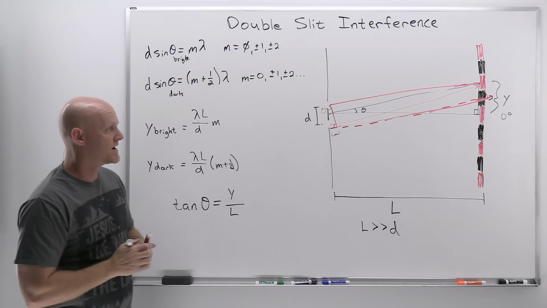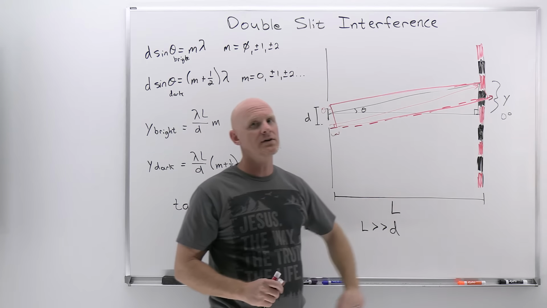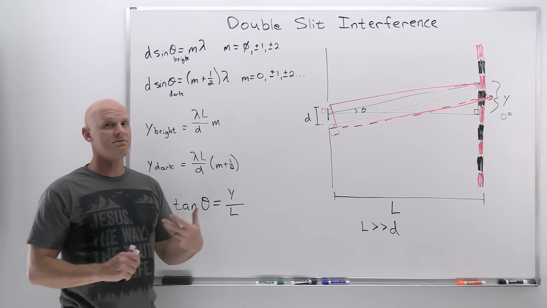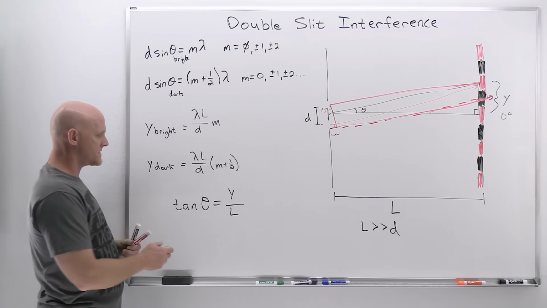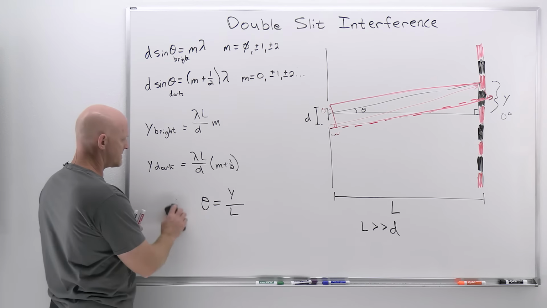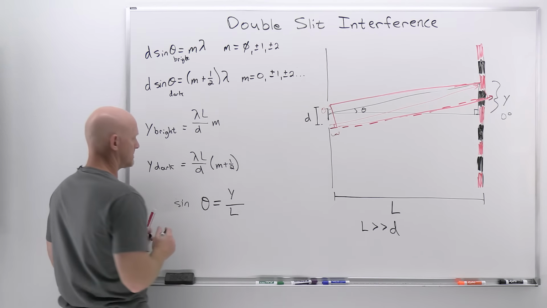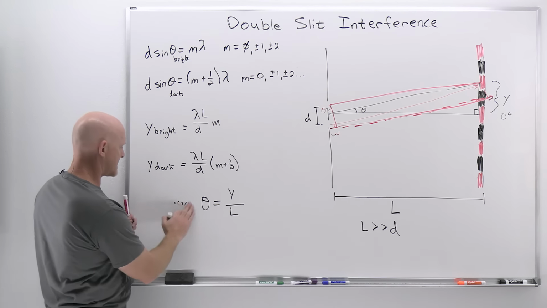Well, it turns out, again, with very small values of d and very large values of L, any of the thetas you're likely to be looking at here are going to be very small. As long as theta is really small, then tangent of theta is roughly equal to sine theta. That's another one of the approximations we're going to make here. Let me write that a little bit bigger.